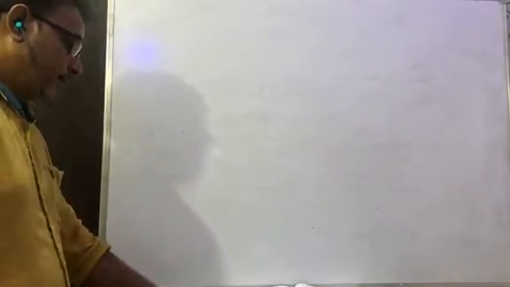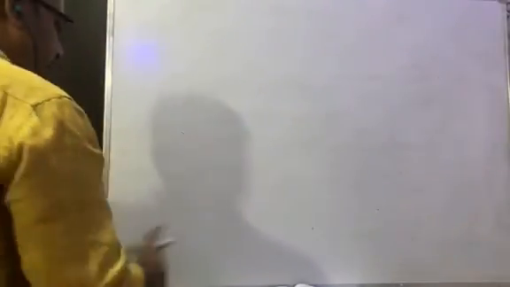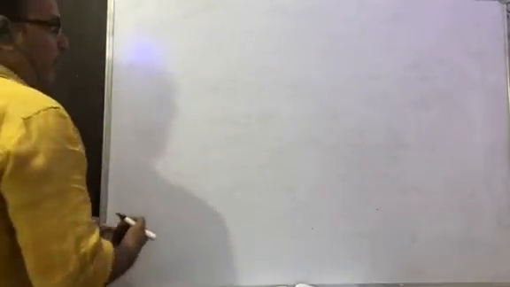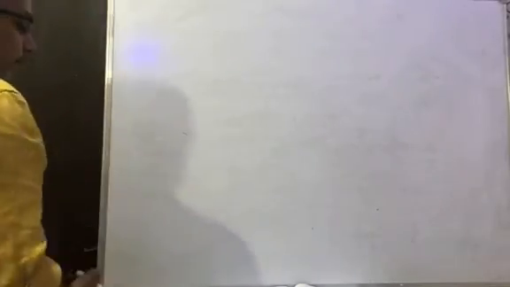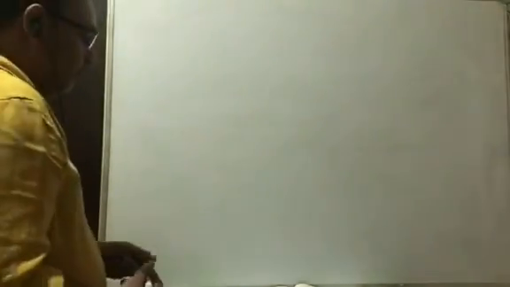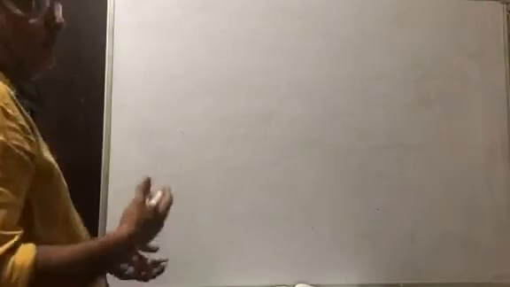Hello student, this video is for class 7 and this is the continuation of chapter number 20. Today I want to discuss the circle, meaning circumference and area of a circle.